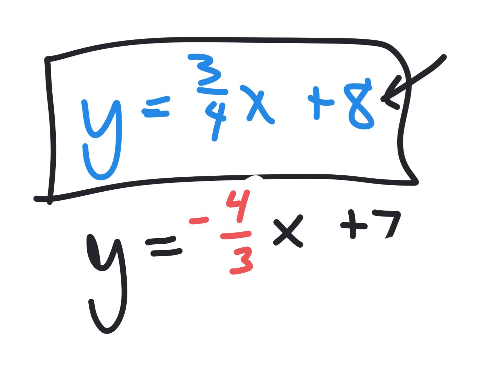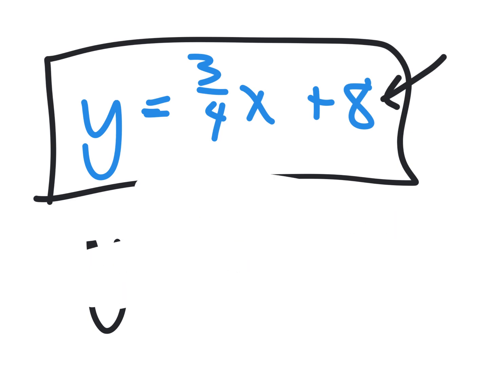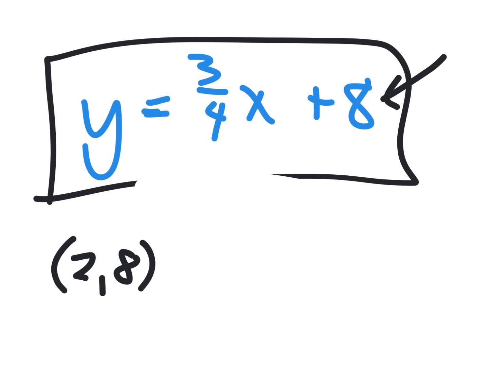All right. So here's another scenario that I could give you on the test. I want an equation of a line that goes through the point 2, 8. Do you have any things in your memory banks that are like, oh, they're giving me a point. Maybe I should use this equation.